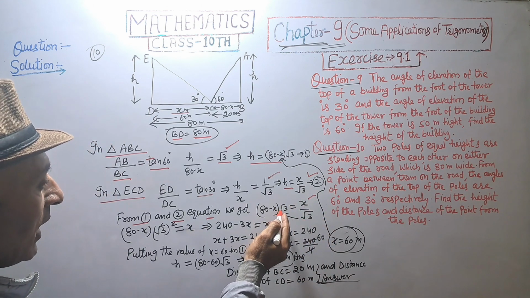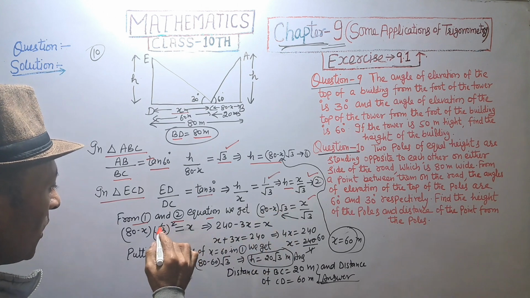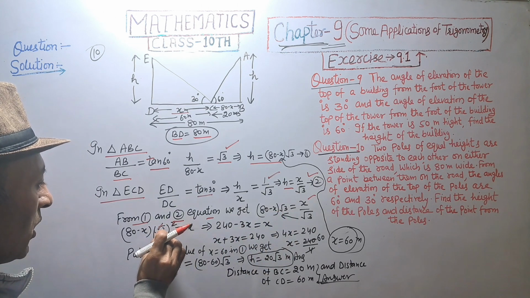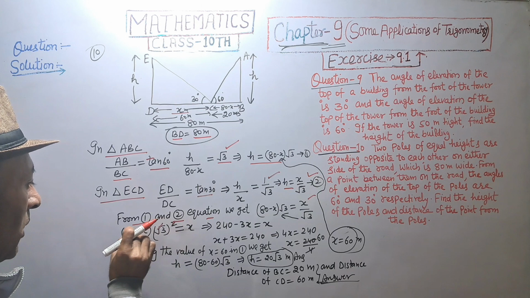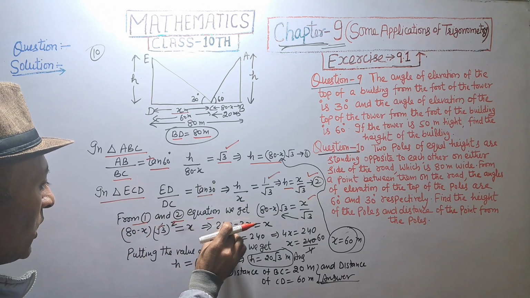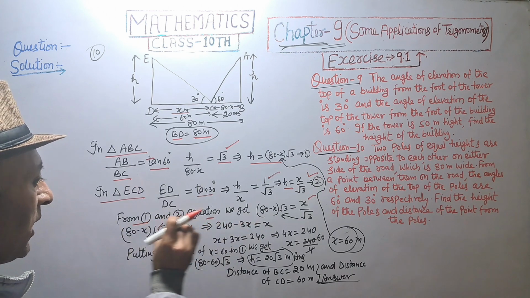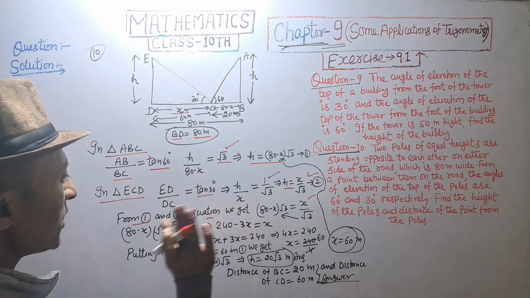Root 3 multiplied by left side, root 3 square root is cancelled and 3 multiplied by 80 is equal to 240 and 3 multiplied by minus x is minus 3x.